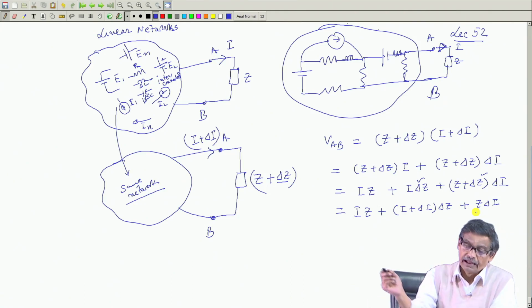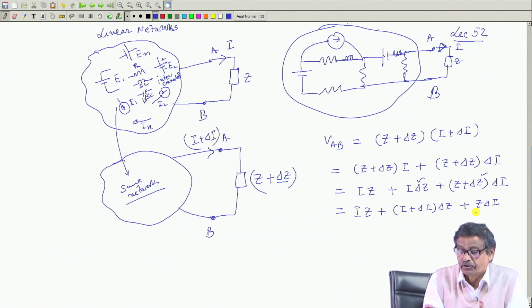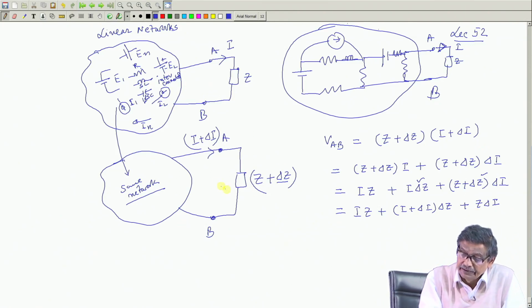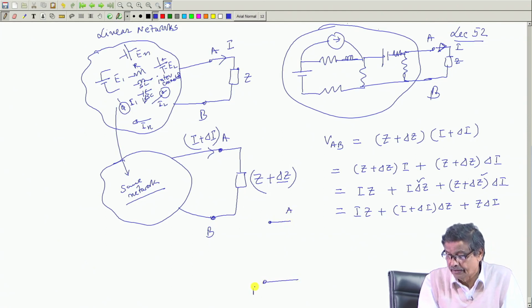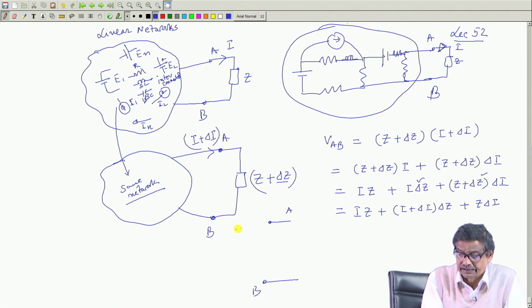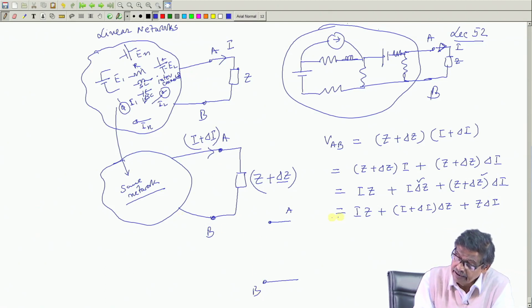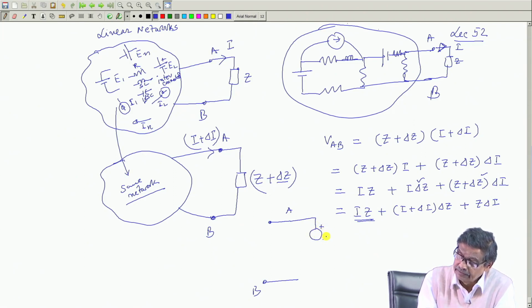Now see these interesting arguments. Here between these 2 points A and B, across this A and B only I am drawing, here that network is connected. Here I can look at it as some voltage source, this drop I will treat it as this current is I plus delta I, mind you, in this network.